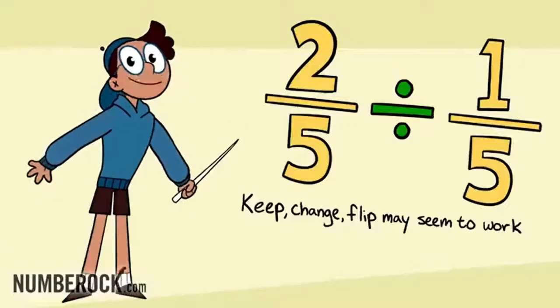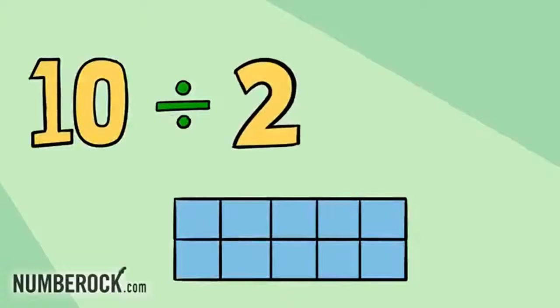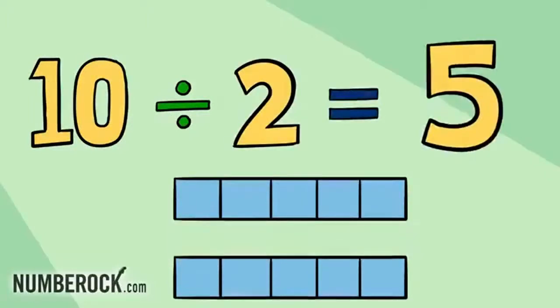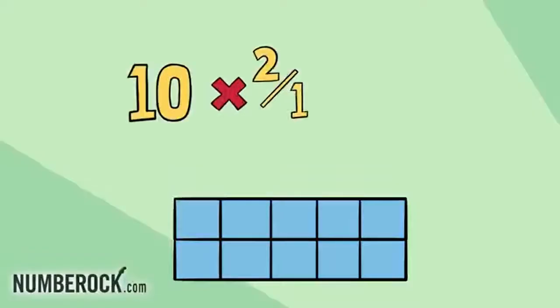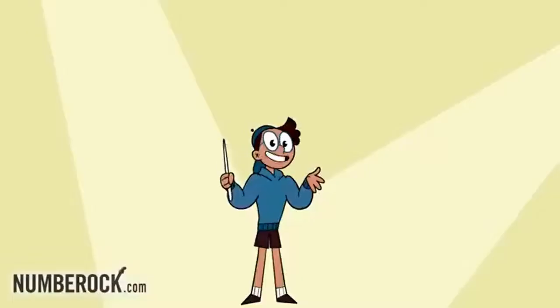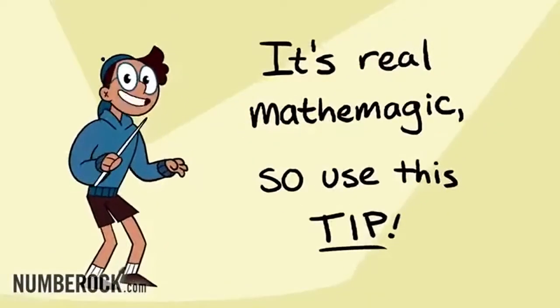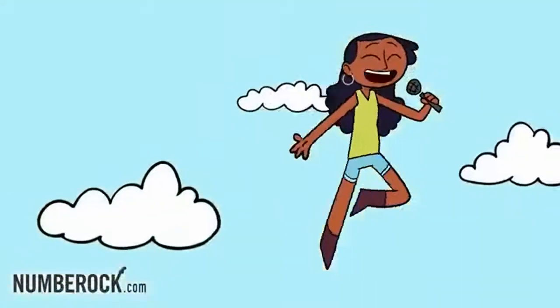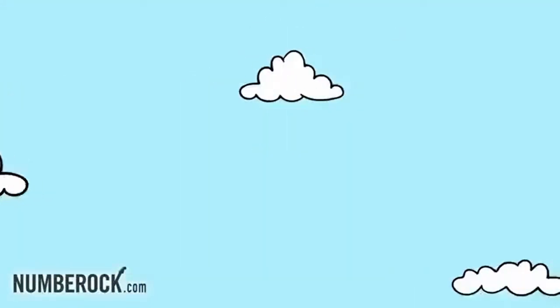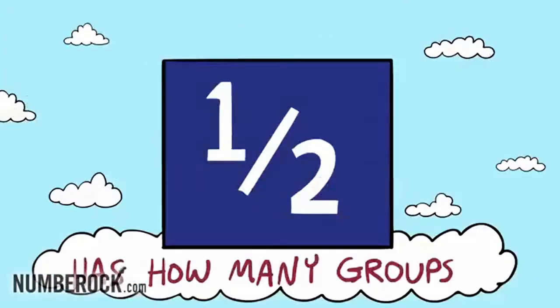Keep, change, flip may seem to work magically, but it can be explained mathematically. With the number 10, we can divide by 2, and that will leave 5 in each group. Or we can find that 5 through a different path by multiplying 10 by 2 flipped to 1/2. It's the trick that never fails, called keep, change, flip.